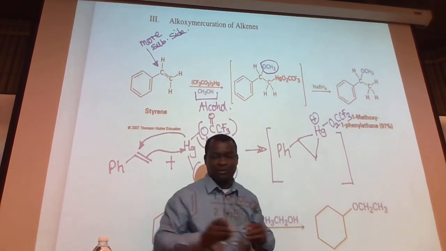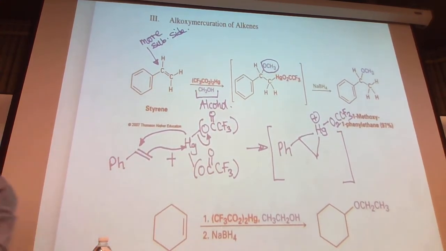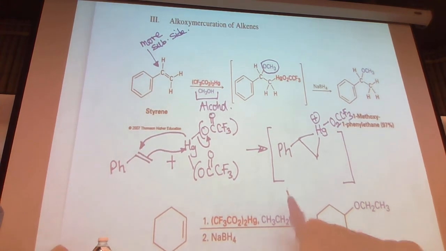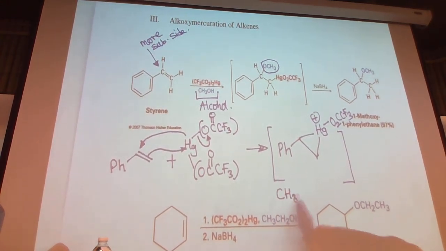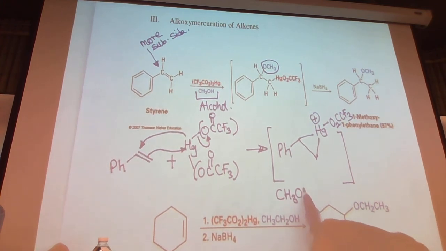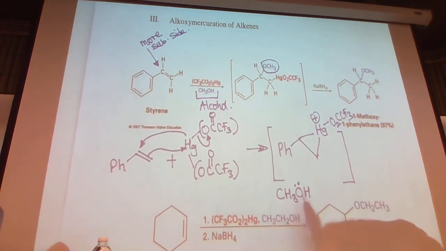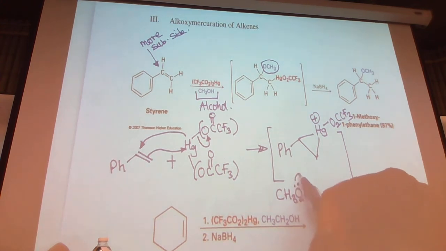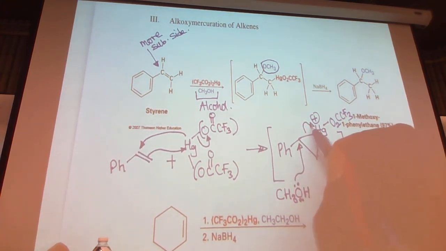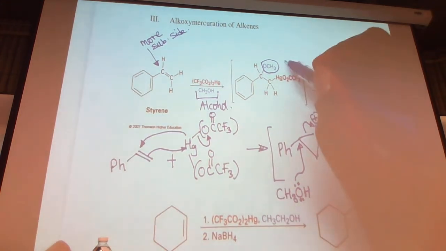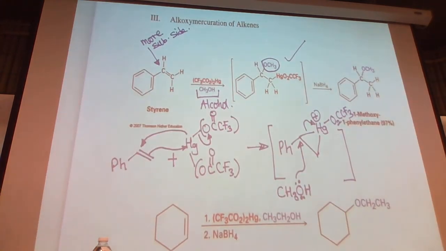Okay? So when your alcohol comes in, so in this case you say CH3, the lone pair of electrons on the oxygen is going to come in, attack that, this will break, and that's how you get this intermediate that you're given here. Okay?